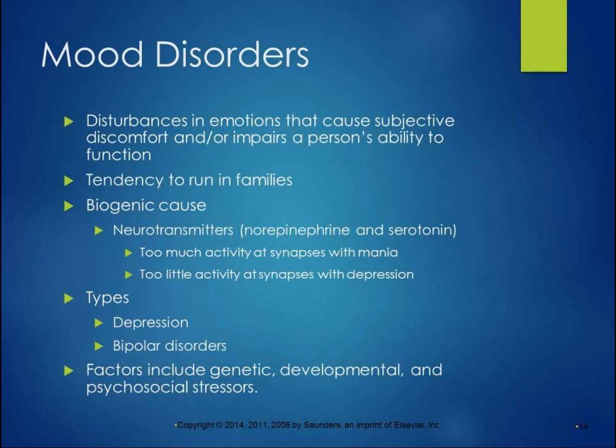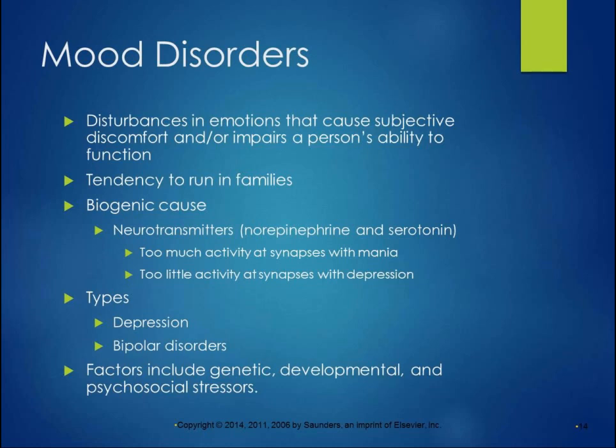We'll talk about mania. And if there's too little activity at the synapses, it can cause depression. So a lot of the antidepressant drugs like Zoloft and Prozac are selective serotonin reuptake inhibitors. What normally happens is the serotonin in the synapse is released by one neuron, floats across the synapse, and binds to receptors on the next neuron.